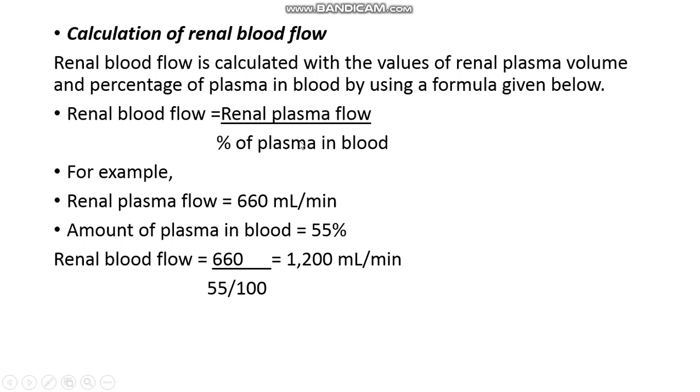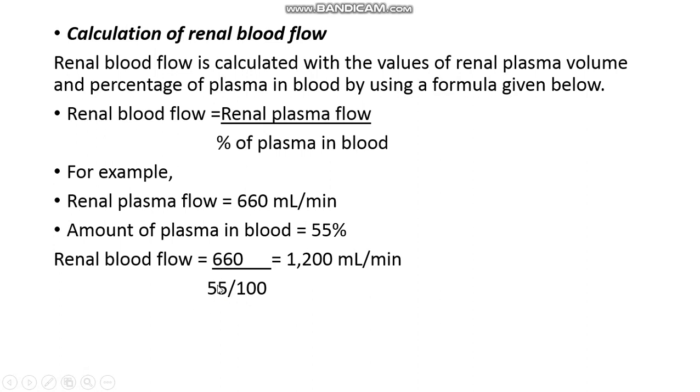Then how can we calculate the renal blood flow? By the equation, renal blood flow is equal to renal plasma flow divided by percentage of plasma in the blood. We have already found these answers. Renal plasma flow is 660 ml per minute, and amount of plasma in blood is 55%.